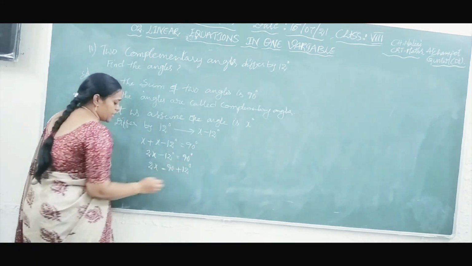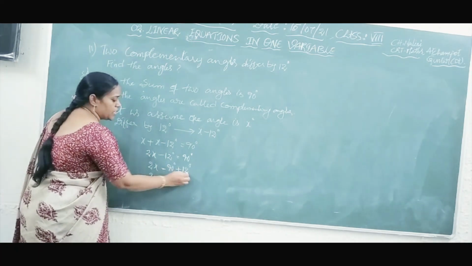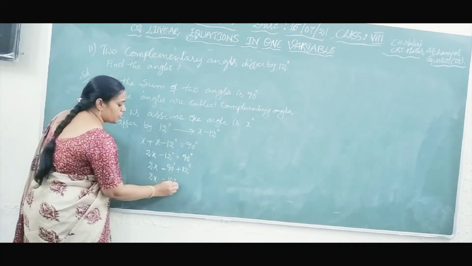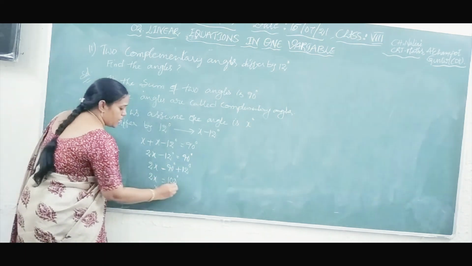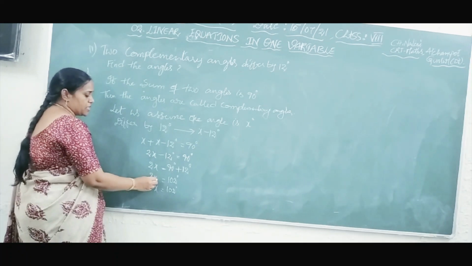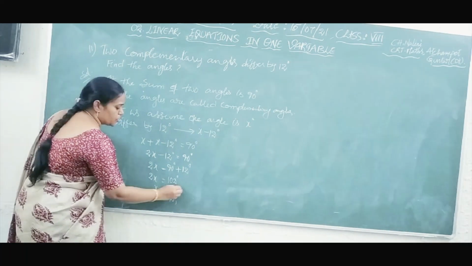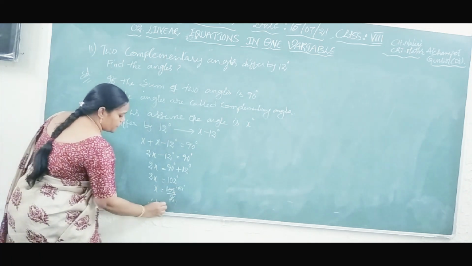Add these two, we get 102 degrees. Now 2x is equal to 102. This is in multiplication relation, so transposing that side we get divided by 2, which is 51. Therefore x is equal to 51 degrees.